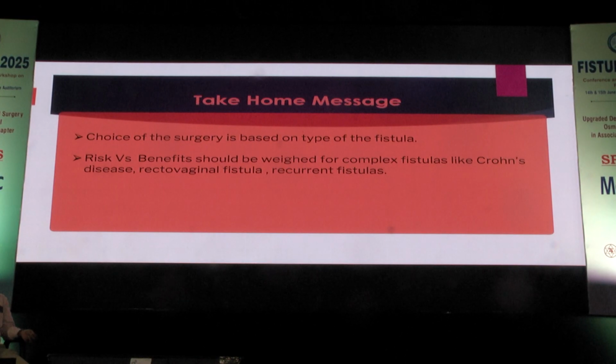So the take-home message is that the choice of surgery for the fistula is based on the type of fistula, and the risks versus benefits should be weighed for complex fistulas like Crohn's disease, rectovaginal fistula and recurrent fistula.